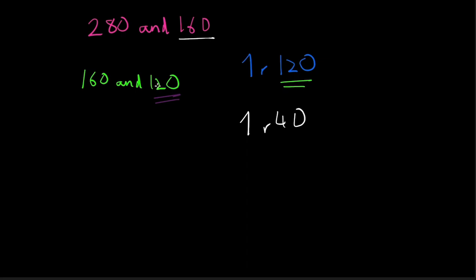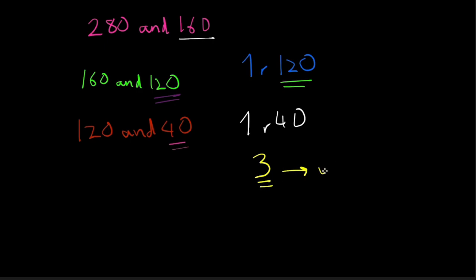Now we repeat the process again, 120 and 40. What's the lowest number? 40. So how many times does 40 go into 120? 3.